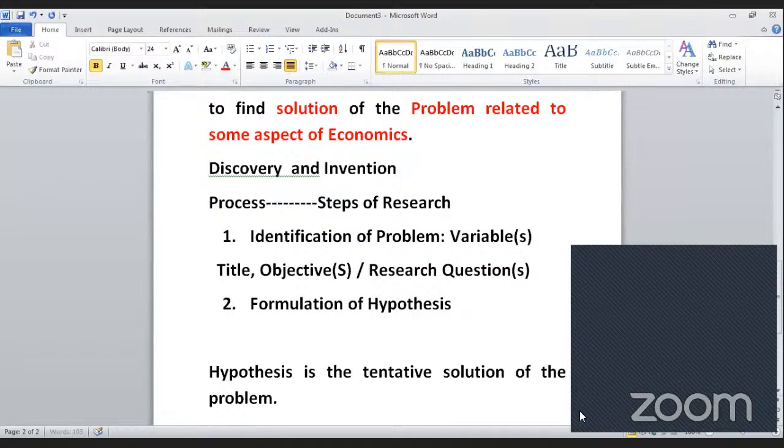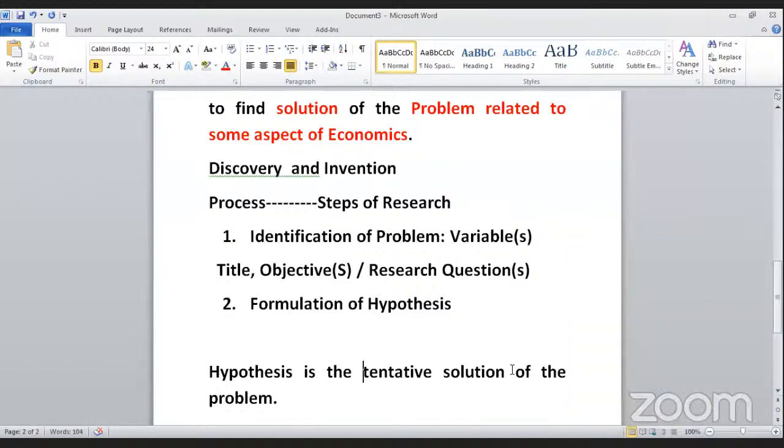It is not a final solution. It is the tentative solution. Please understand. This is one definition of hypothesis.